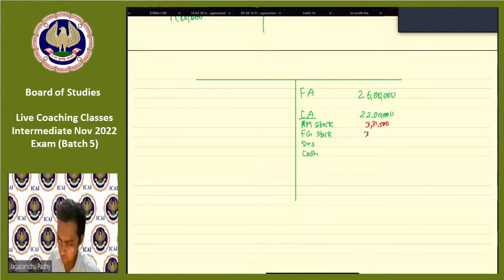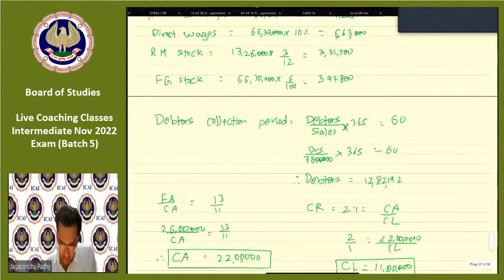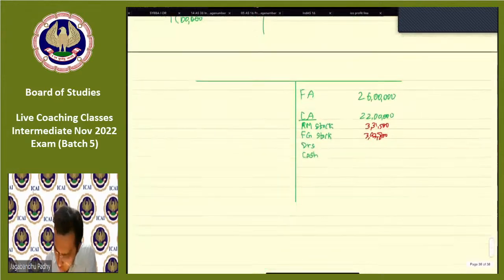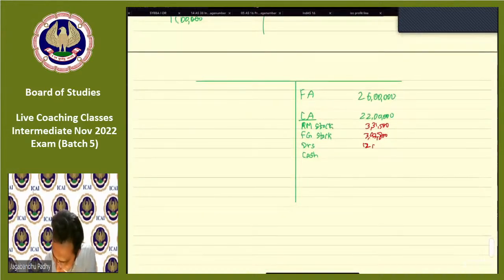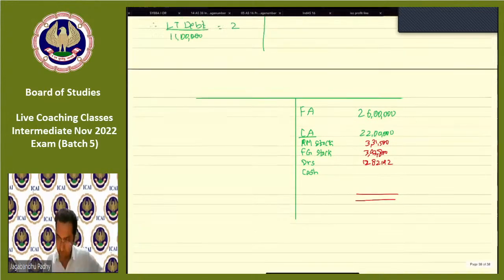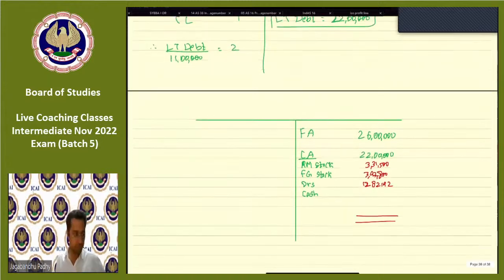Finished goods stock 3,97,800. Debtors, just computed debtors also, right? Debtors is 12,82,192. And then the cash, so 1,88,000, not 1,88,000. It is yet to be computed, right?